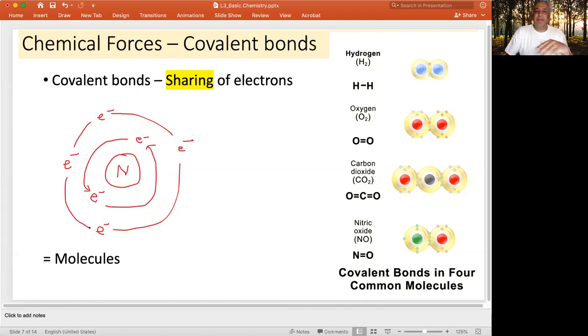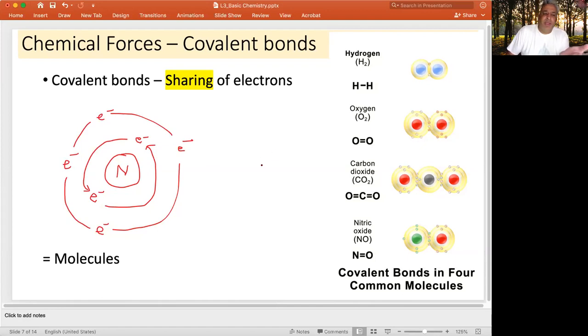Now the outer layer wants to have 8 to become stable. So 4 electrons is not enough. It needs 8 to become stable. Just take my word for that, right? So carbon is going to be looking around, looking for partnerships with other atoms, so it can become stable, right?